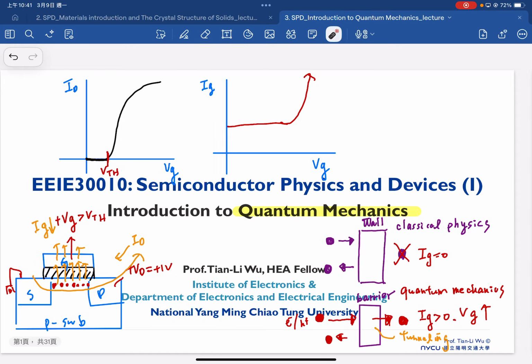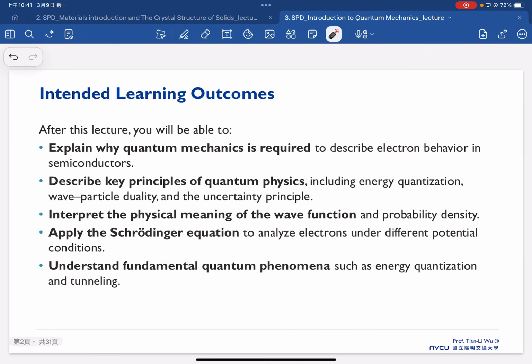Okay, let's go step by step to understand this chapter. The first goal is, after this lecture, you will be able to understand why quantum mechanics is required to describe the electron behavior in the semiconductor.